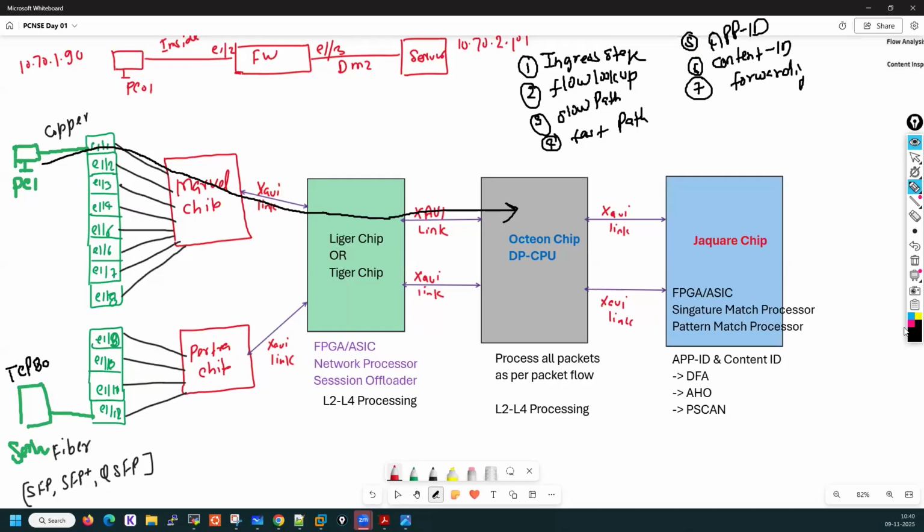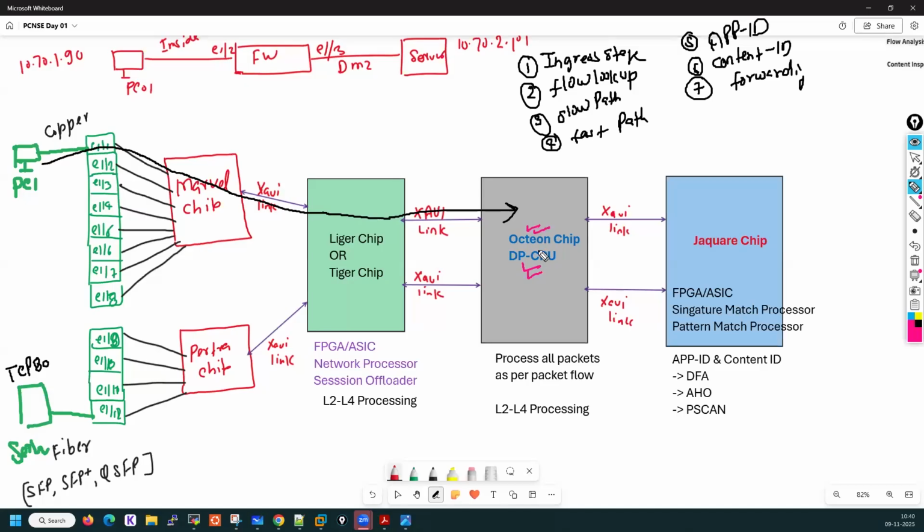And your data plane CPU will start with the ingress stage, flow lookup, then slow path. In slow path, if my policy allows that traffic, then my connection will be created. So your connection management is done by the Octeon chip only.